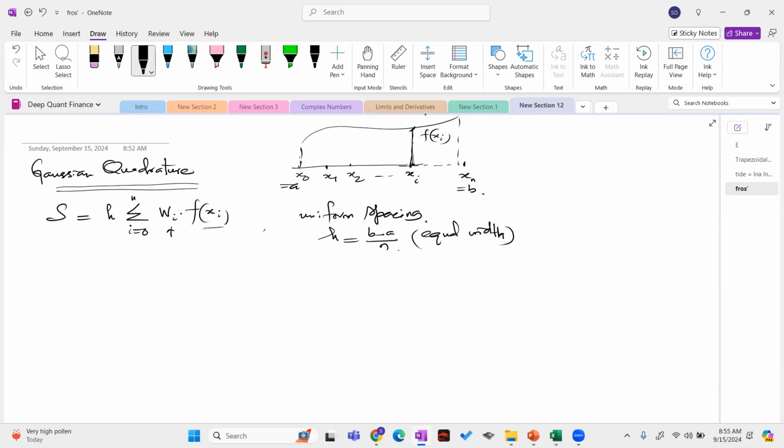I'll give you a hint. If the function is a straight line, suppose we have a linear curve, does it even matter? If it's a perfectly linear curve, truly speaking, how many points do you need to evaluate the function to calculate the exact area? Think about this. We have a point here, x0. This is xn.